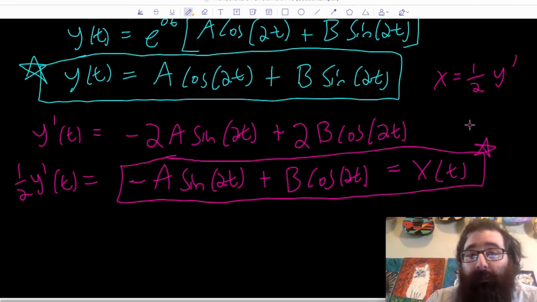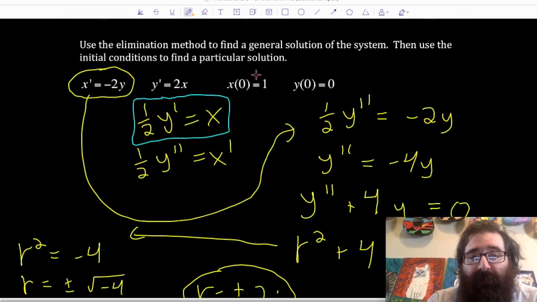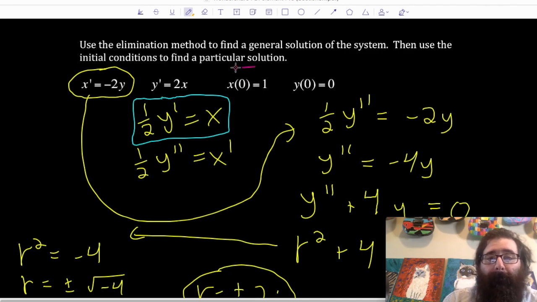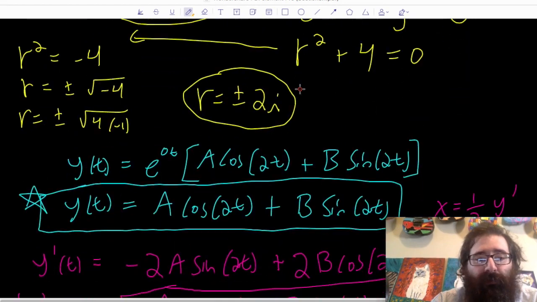Now we're not going to stop here because we said at the beginning we have these initial values that we can work with. So we have x at 0 equals 1 and y at 0 equals 0. We actually solved for y first, so let me use that initial value first, though the order that you work with them doesn't matter. So y at 0 equals 0.